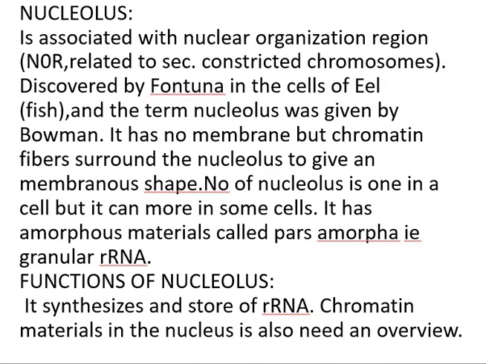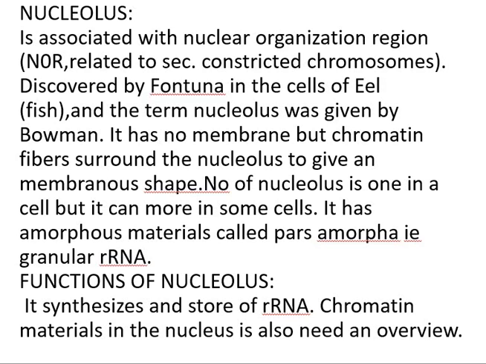Now, dear students, after the nuclear membrane and nucleus, the nucleolus inside the nucleus. The nucleolus is associated with the nucleolar organizing regions related to secondary constricted chromosomes. It was discovered by Fontana in the cells of the eel, a type of fish, and the term nucleolus was given by Bowman.